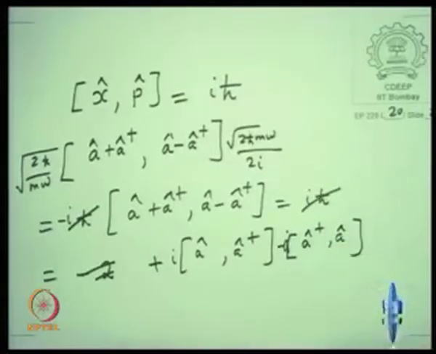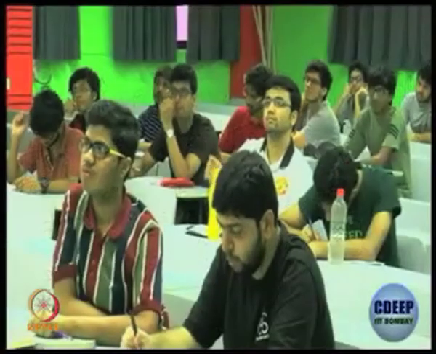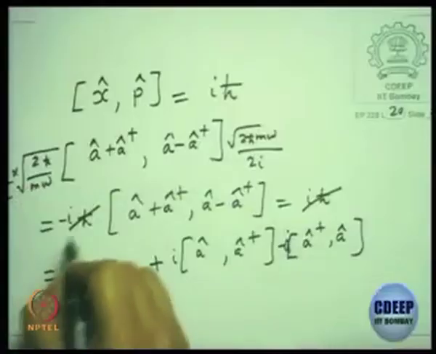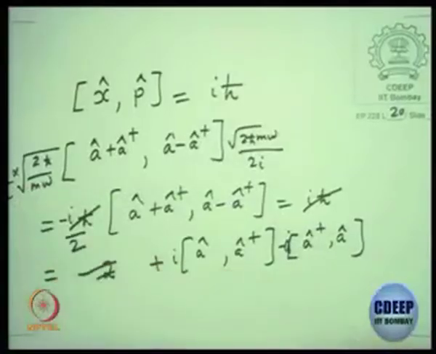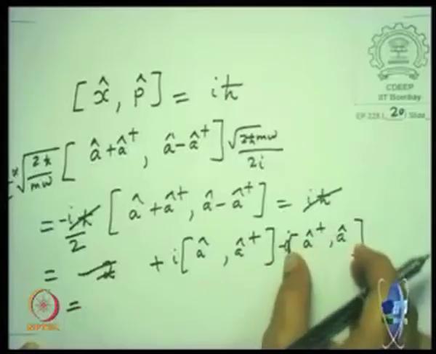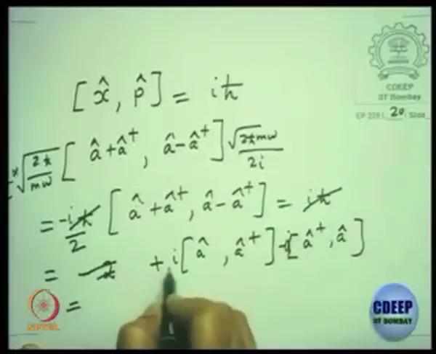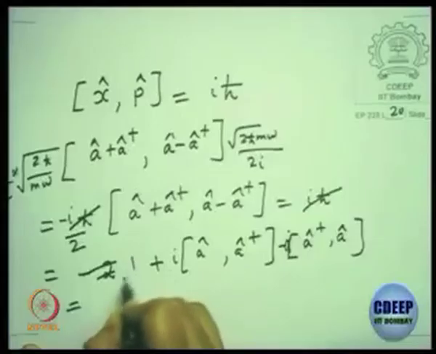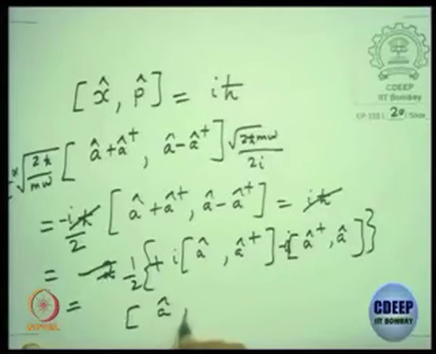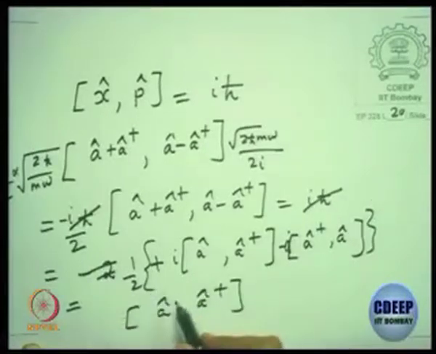Huh? There is an extra 2? Yes. Yes. Good. So there is another 2 from there. Thank you. So there will be a 1 by 2, and this turns out to be the same as this one with an opposite sign. So there is a 1 by 2 here. So that gives you A dagger, the 2 cancels.